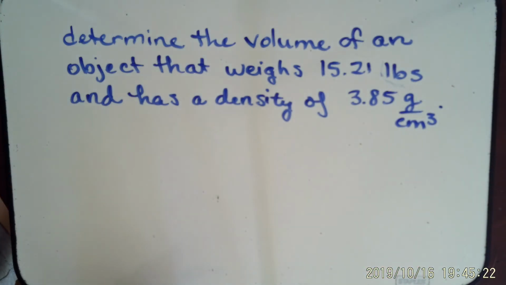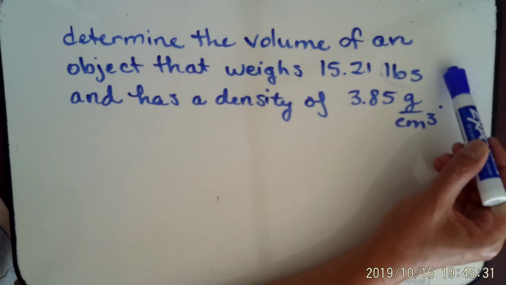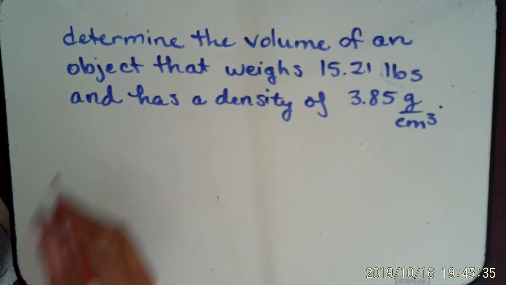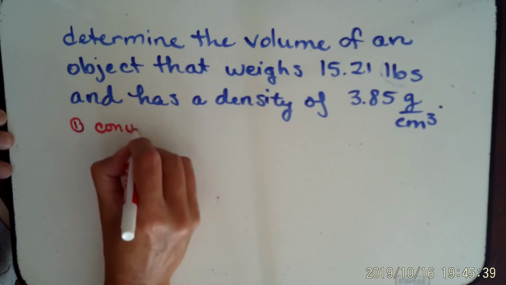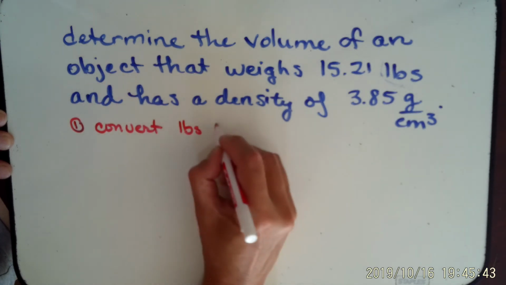All right. Now, what do we need to do? Look at the units here, they are different. This is in pounds, and this is in grams. English to metric. So we're going to have to, one, convert pounds to grams.